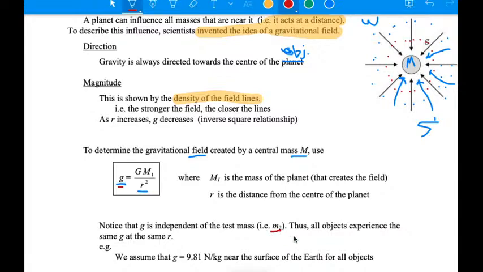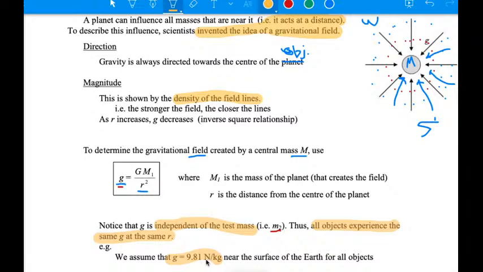The field would not. That's a pretty key point. It's independent of our test mass, but it experiences the same gravitational force at the same radius. We've been working with this essentially all semester.